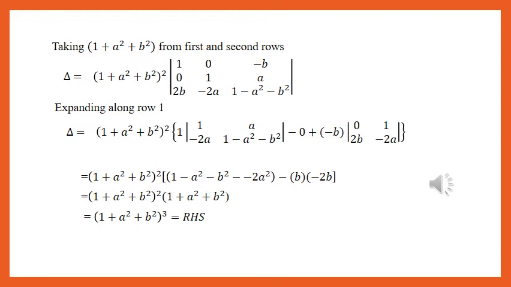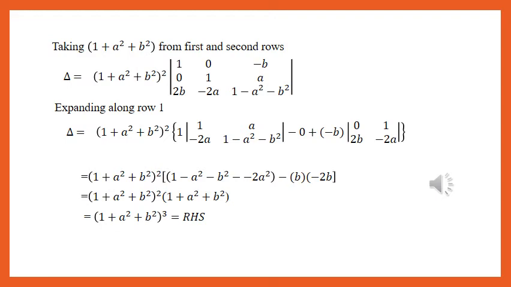Now you can expand along either R1 or C1. It is done through row 1. So 1 into the value of the second order determinant, minus 0 into the value of the second determinant, that will be 0, plus minus b, the third element, into the second order determinant.